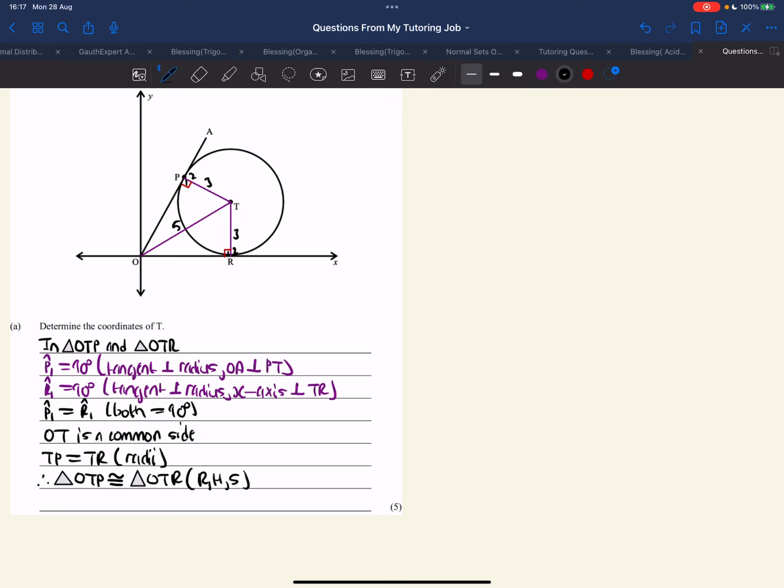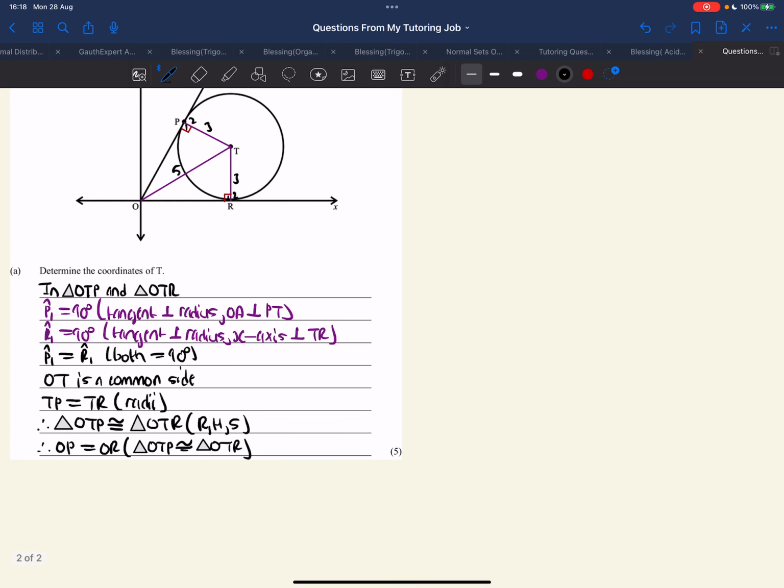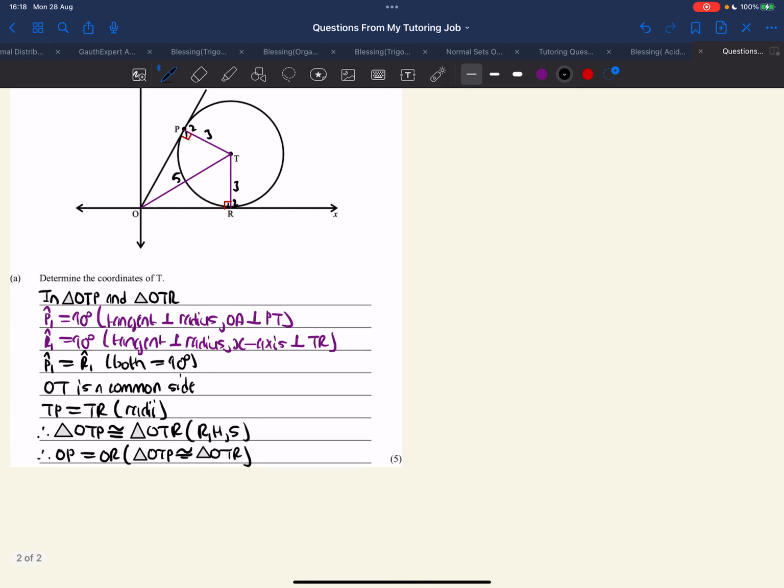Now if those triangles are congruent, I can say therefore OP is equal to OR, because triangle OTP is congruent to triangle OTR. So we have proven that OP is equal to OR.